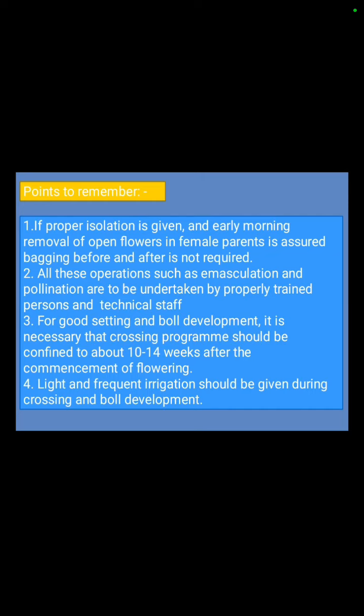For good setting and ball development, it is necessary that the crossing program should be confined to about 10 to 14 weeks after commencement of flowering. Light and frequent irrigation should be given during crossing and ball development.